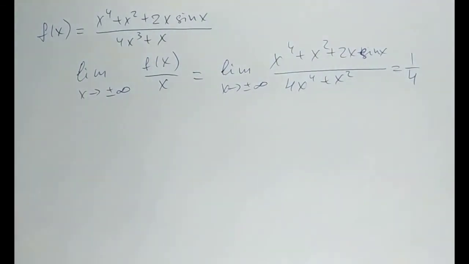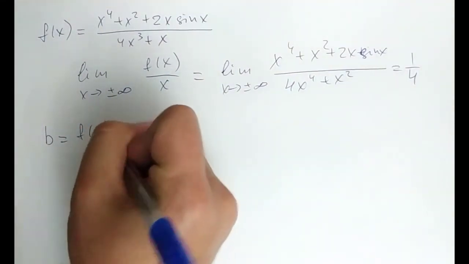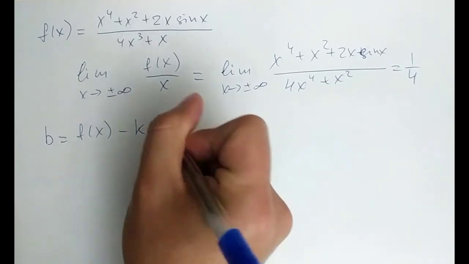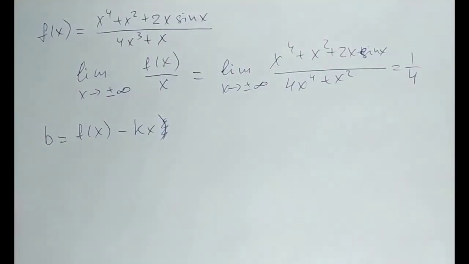So now let's find b. So b is the limit of f of x minus kx, k times x. So now let's consider the difference f of x minus kx.